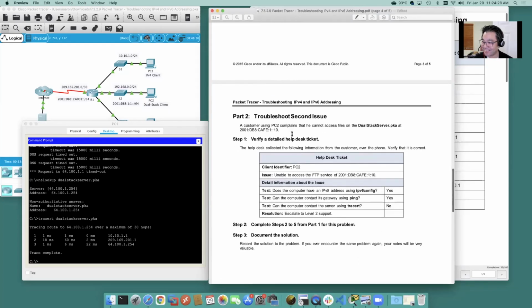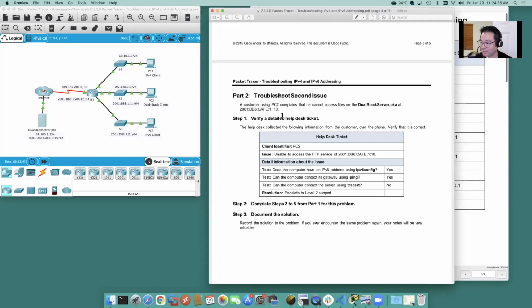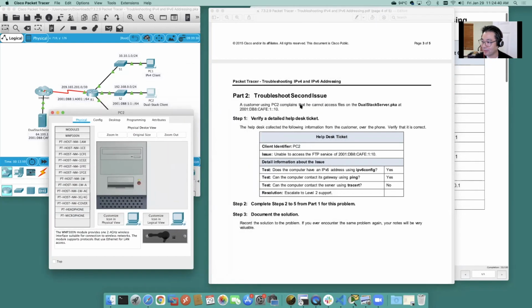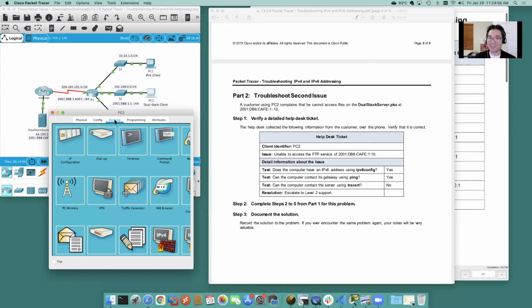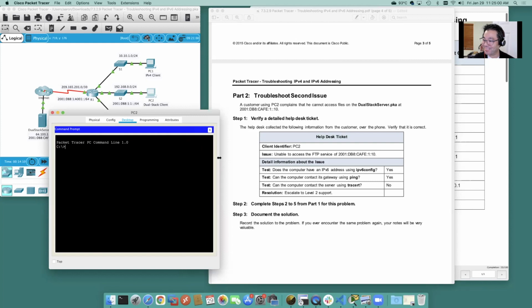All right, second issue. We got an angry customer here saying PC2 cannot access files on the dual stack server at 2001:DB8:CAFE:1::10. All right, well, we are solutions focused, so let's just try to resolve the problem.